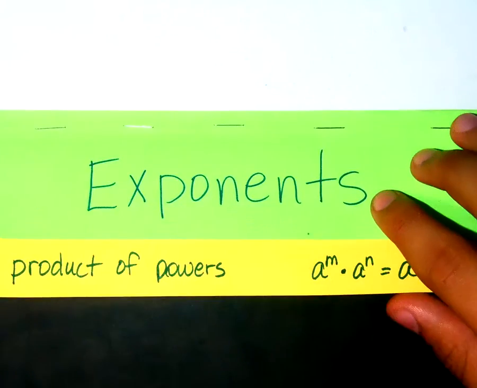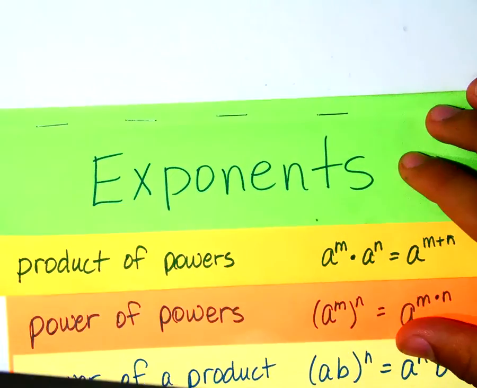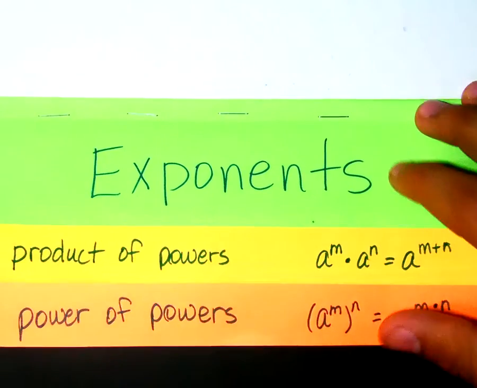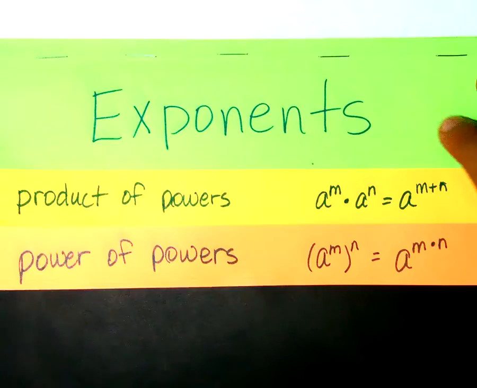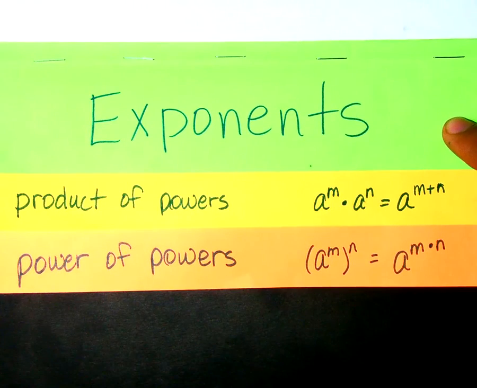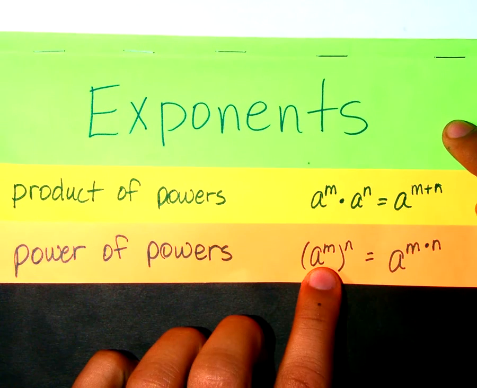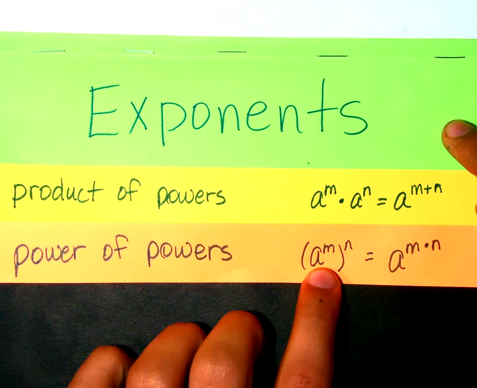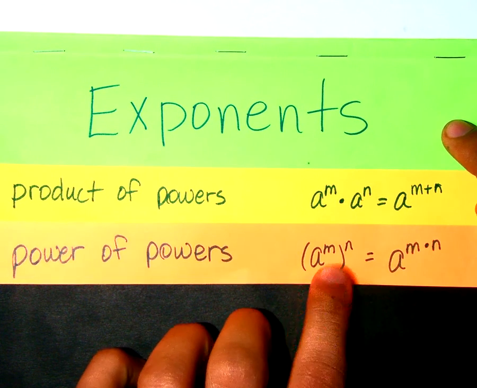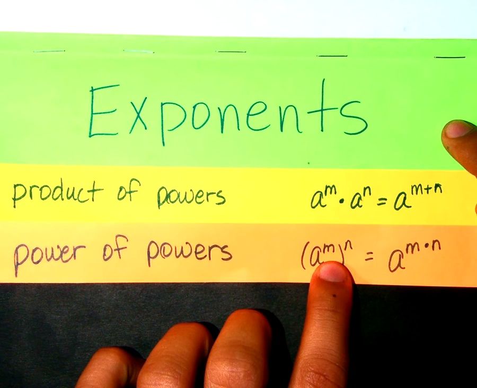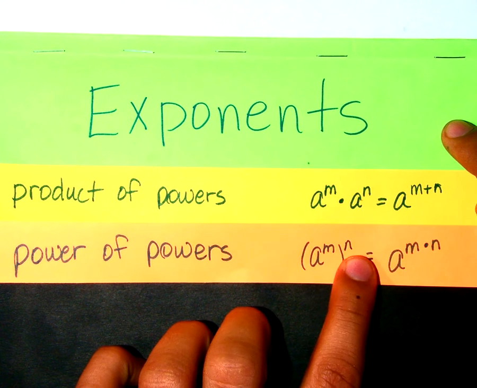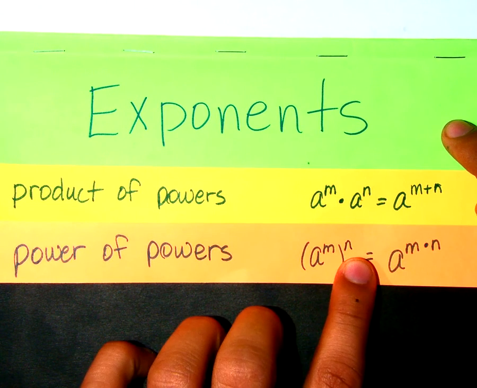No? Okay, sorry. Alright, so the next one that we're going to talk about is the power of powers. Okay, so if we have an exponent and we take the exponent to a power, so a to the m to the n, we can just multiply the two.